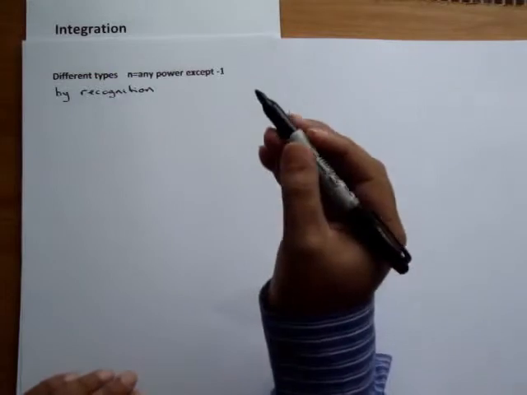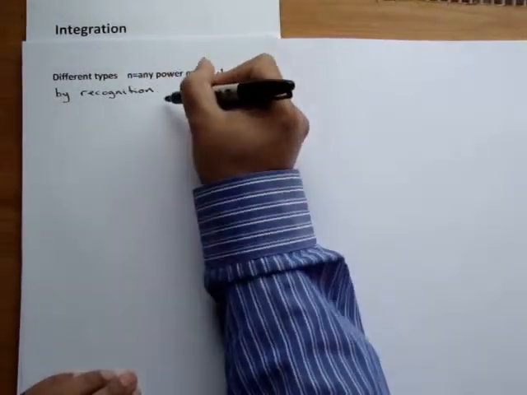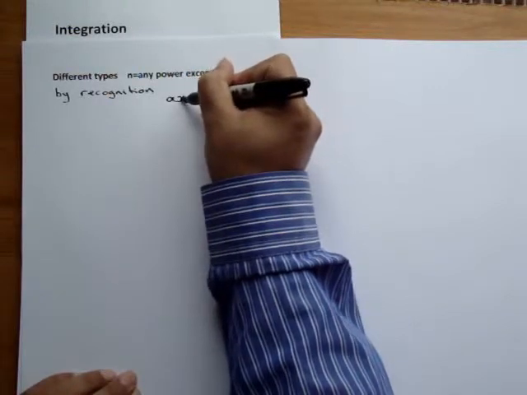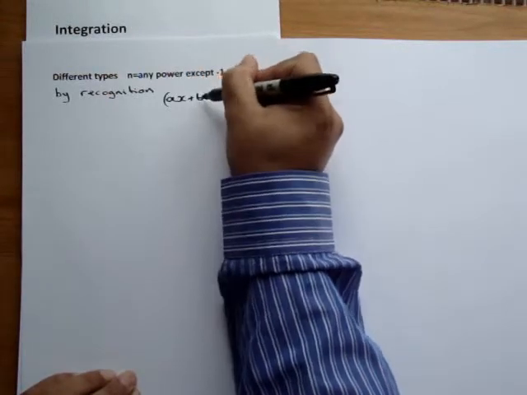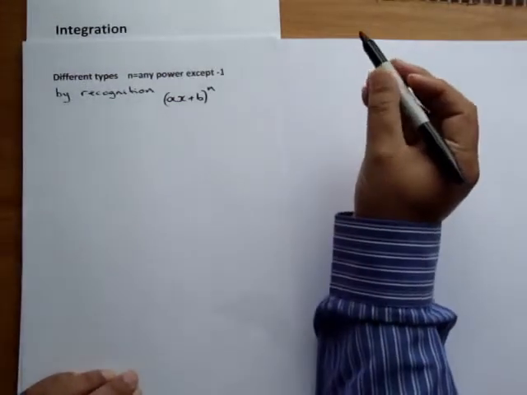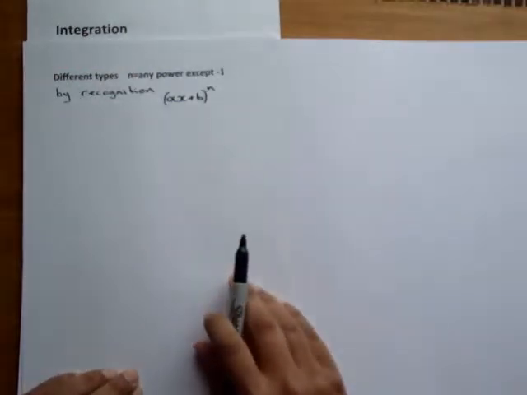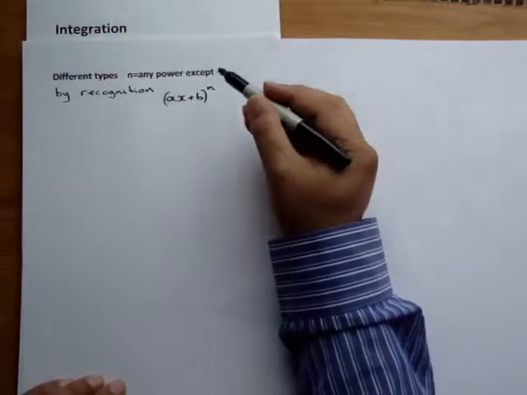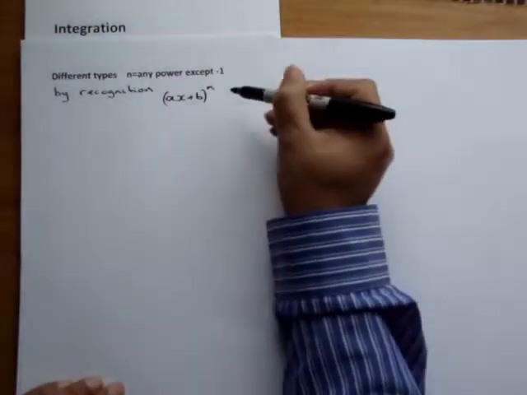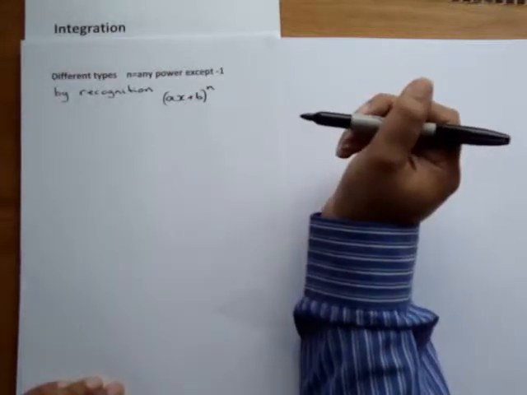Functions now. If we have something in the integrand which looks like ax plus b to the power n, we can often integrate this by recognition that it came from ax plus b to some power, and then we differentiated to get back to the original function.